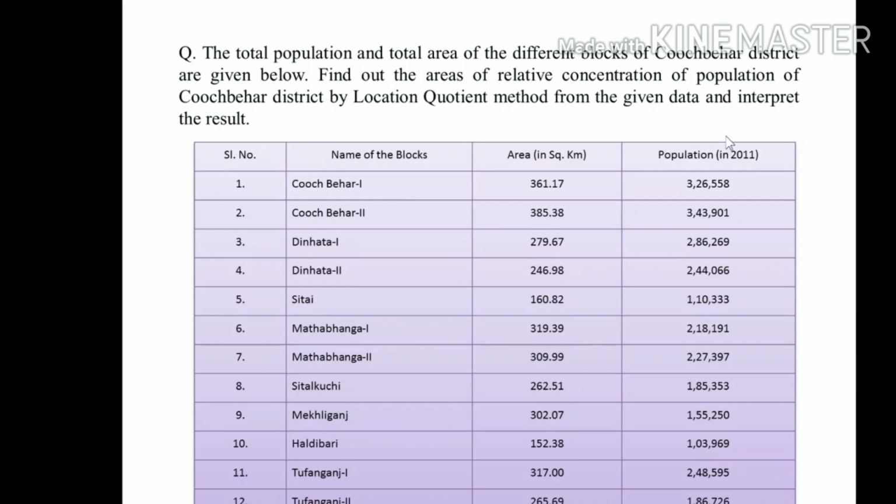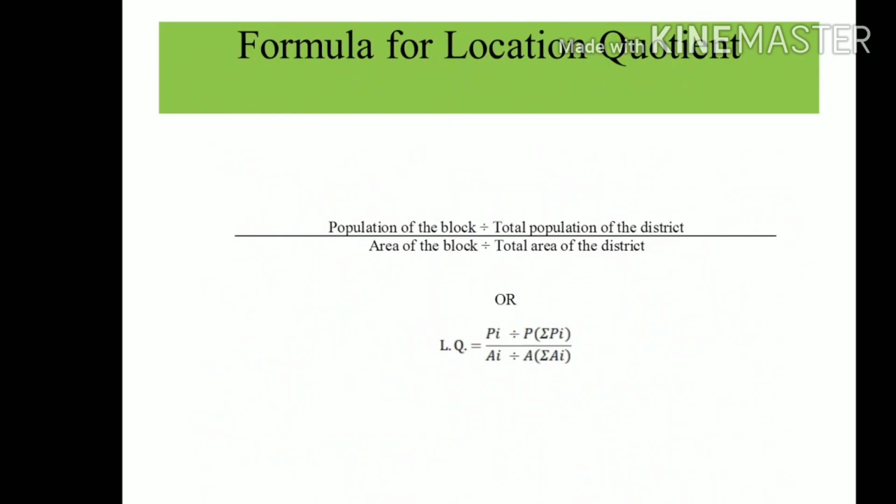You can calculate the location quotient using a formula. That is, population of the block divided by total population of the district, divided by area of the block divided by total area of the district.